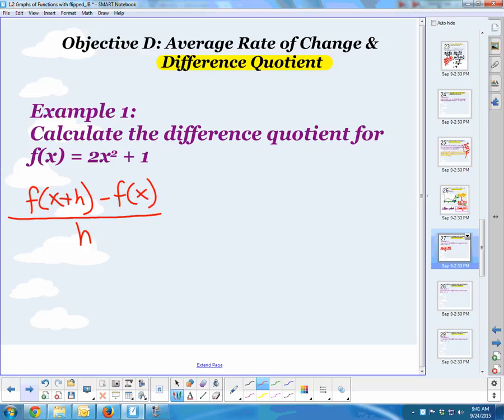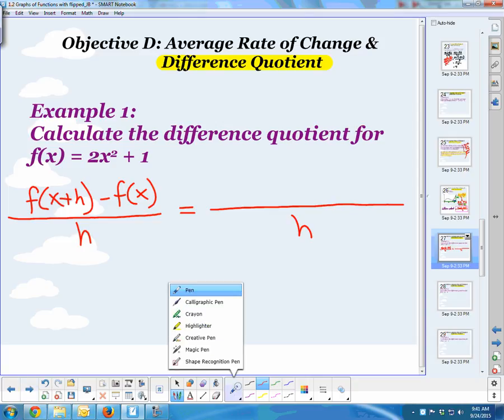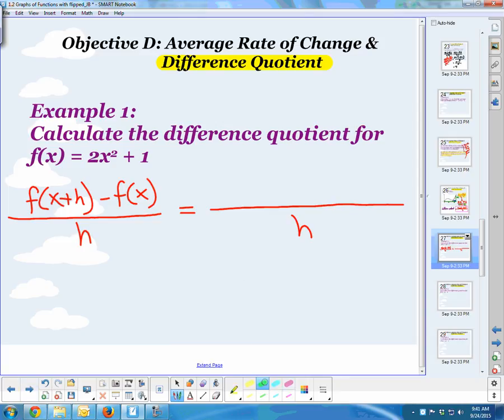And now I'm going to calculate this. I'm going to draw my fraction bar, and I'm just going to put the h in the denominator. Now it's a matter of getting my substitutions correct. The first thing I have to do is figure out what f of x plus h is. So I'm going to put a bracket here to separate it out. My function says f of x equals 2x squared plus 1.